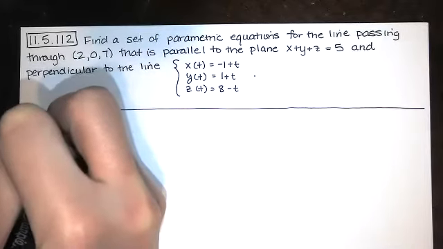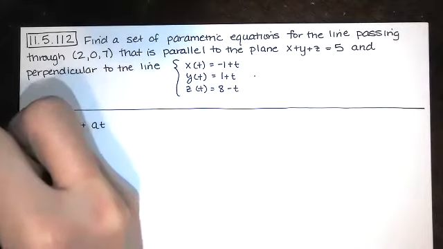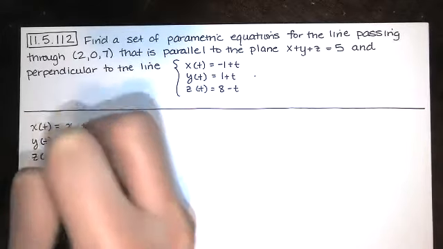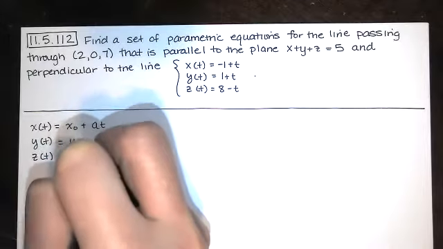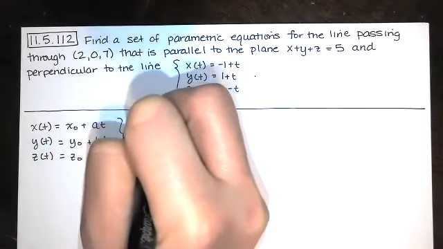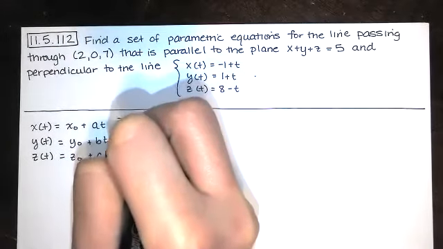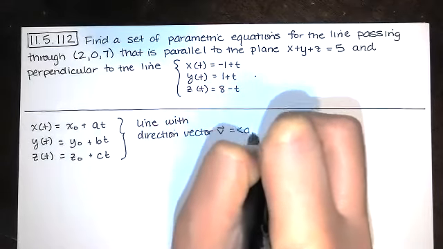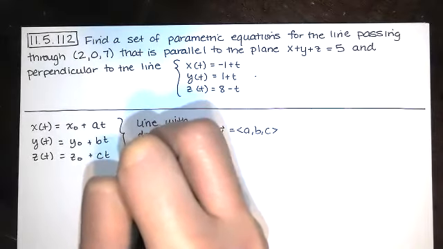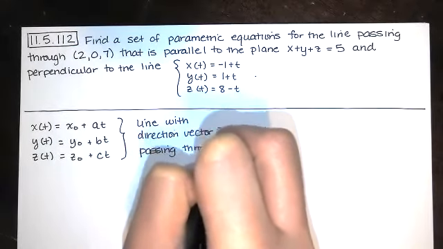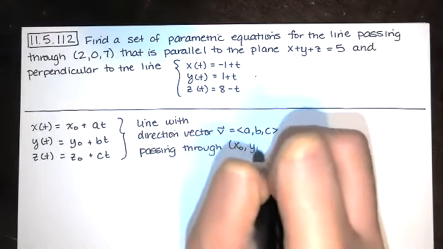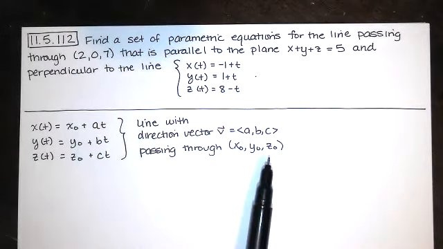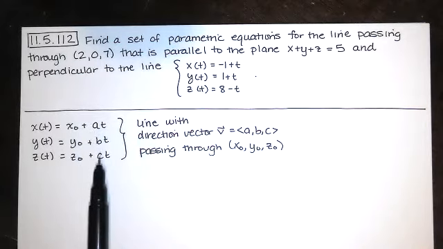These are the parametric equations for a line. x naught, y naught, z naught is a point on the line, and a, b, c, those are the coefficients of t right there.